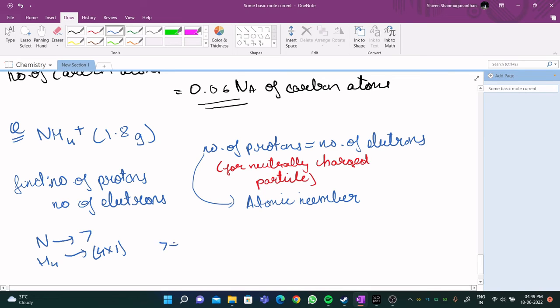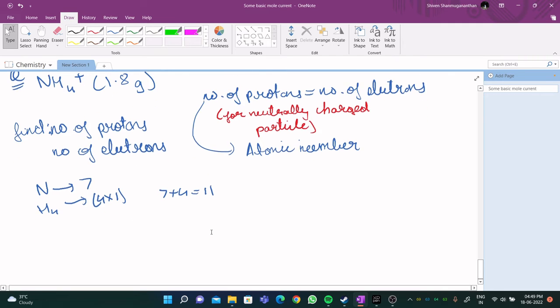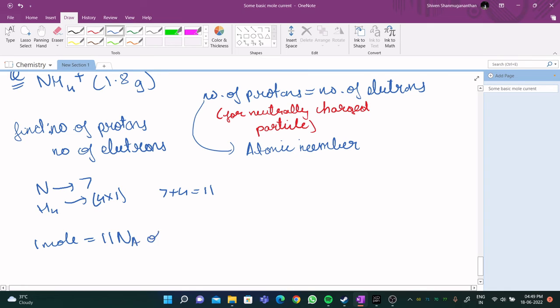Add 7 plus 4, you get 11. Now this is 1 unit of NH4. We want the number of protons in a mole. Anything related to a mole, you just multiply by Avogadro's number. So 1 mole is equal to 11 Avogadro's number of protons.